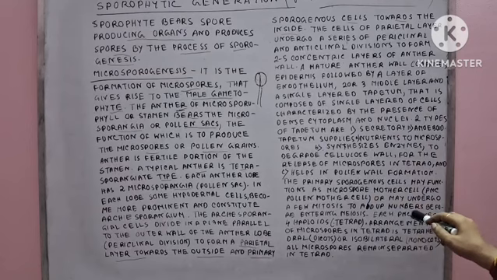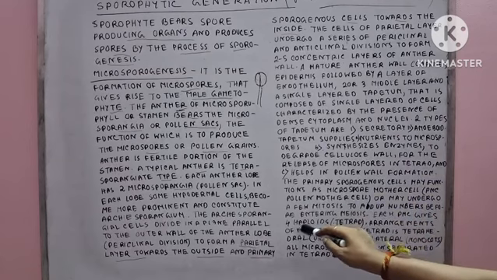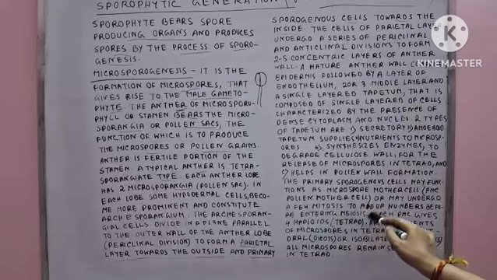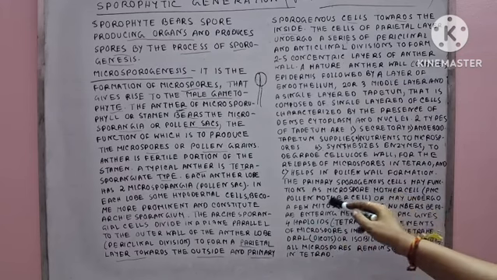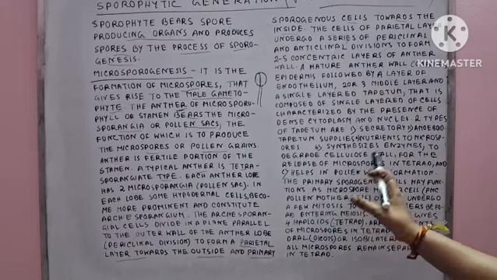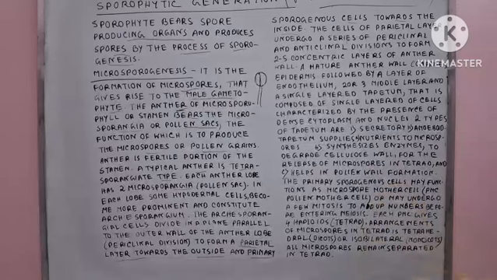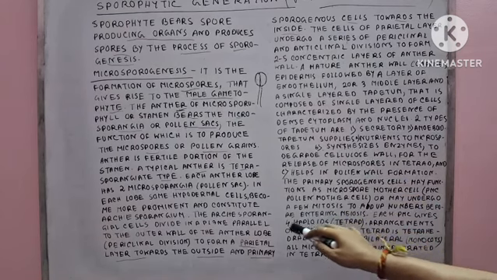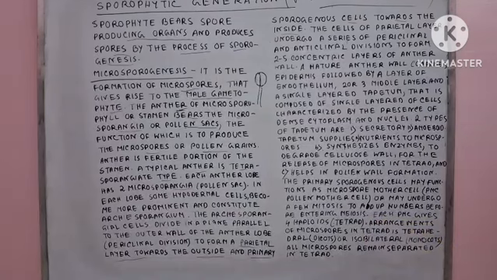Each PMC gives 4 haploid cells in the meiotic division, not the mitotic division, because in mitotic divisions the number of cells increases, and this happens just before entering meiosis. In the meiotic division, 4 haploid cells are formed, and the arrangement of these 4 haploid cells is known as the tetrad. Clear?